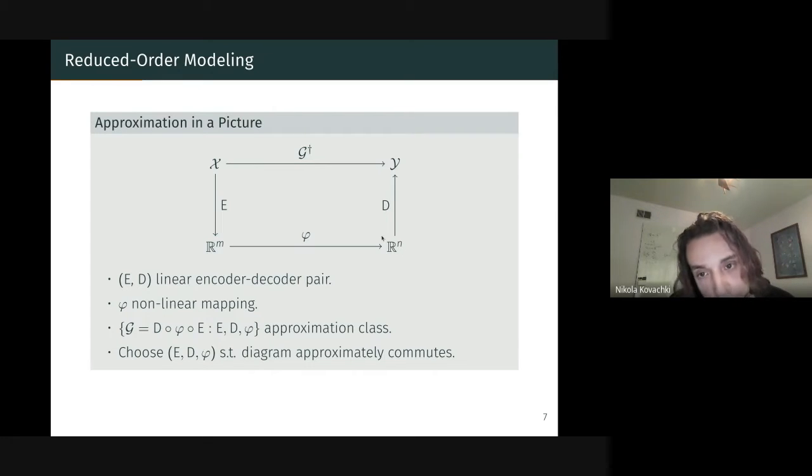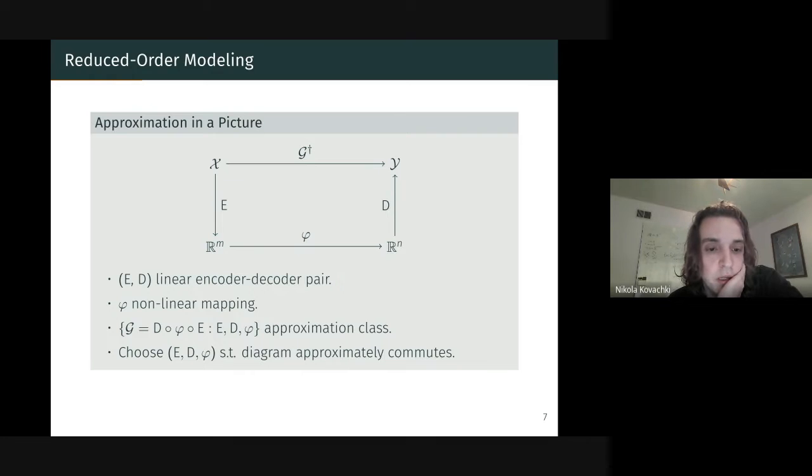And then we're going to have another decoder, which takes these n numbers and spits out another function in the space Y. This diagram can never truly fully commute unless G dagger has actual finite dimensional structure in it. But what we hope is that it can be well approximated by something finite dimensional.